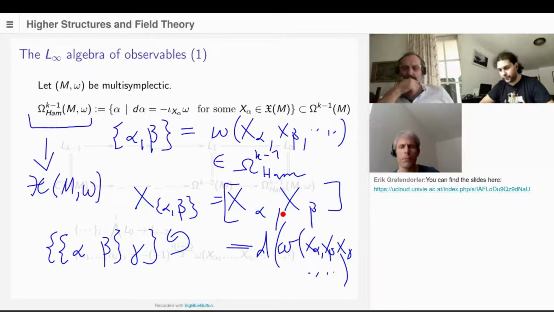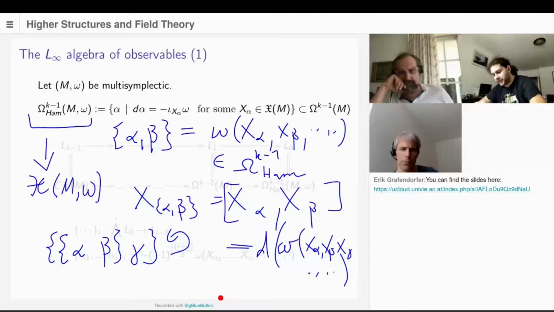So if you are familiar with L-infinity algebras, you already will see the pattern. We have something which is a Lie algebra up to d of something, up to something exact. And always when we see a Lie algebra up to something exact, we search for the L-infinity algebra beneath it.